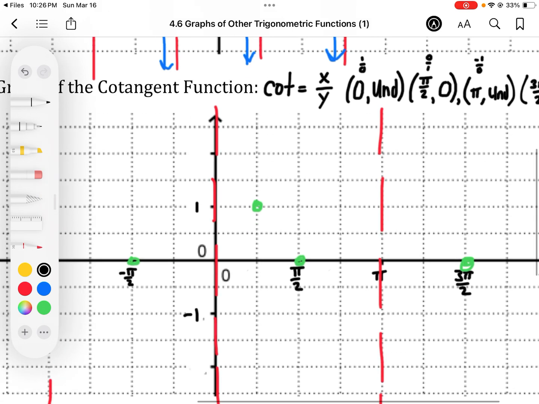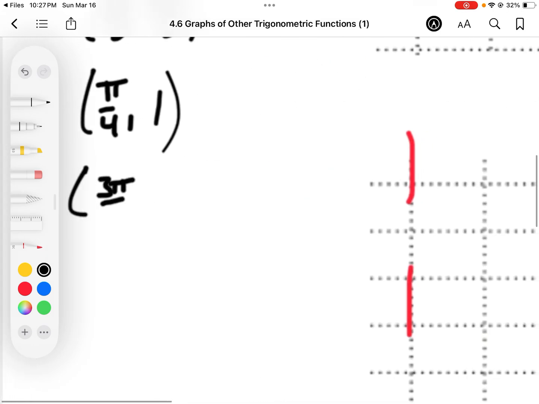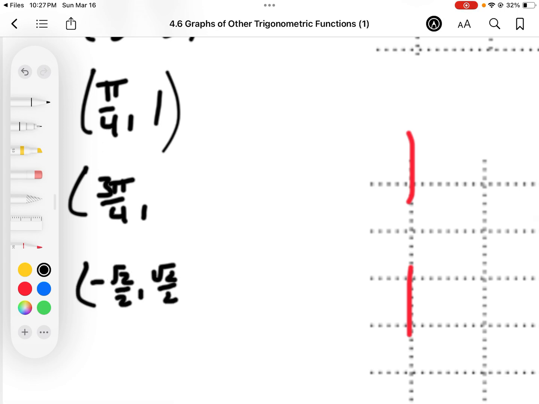Now if I go to 3 pi over 4, in the middle of the second quadrant, my point associated would be negative square root of 2 over 2, square root of 2 over 2, and my x over y would give me negative 1.